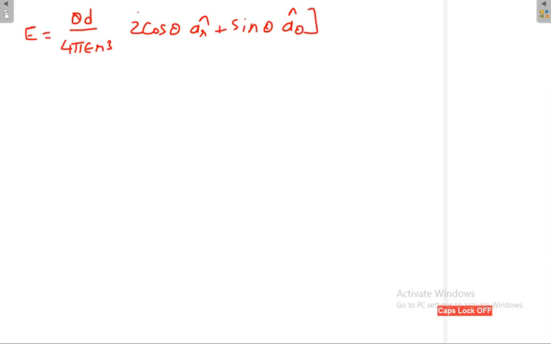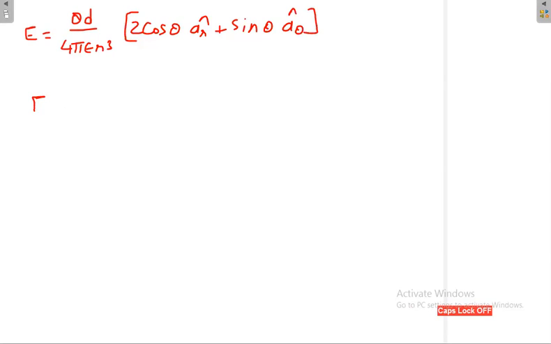E is equal to QD divided by 4 pi epsilon r cube, 2 cos theta ar cap plus sin theta a theta cap. What is the observation here?